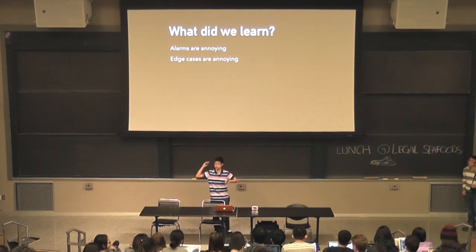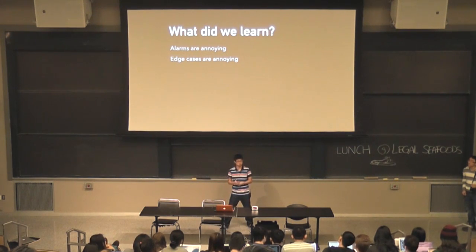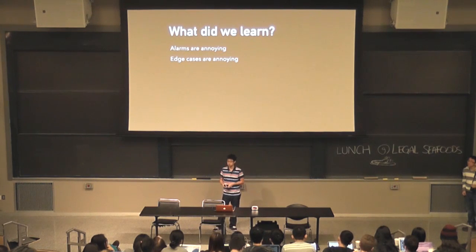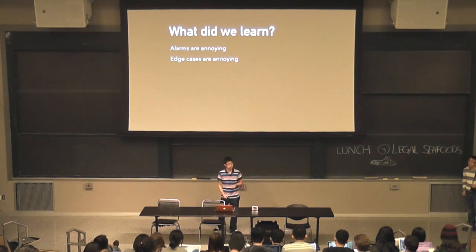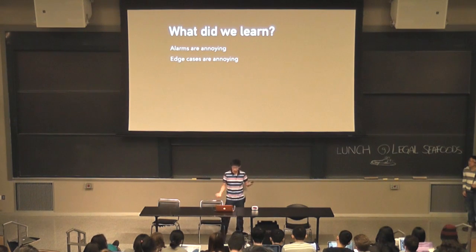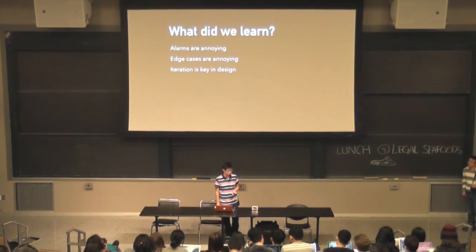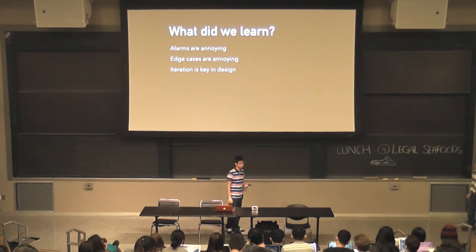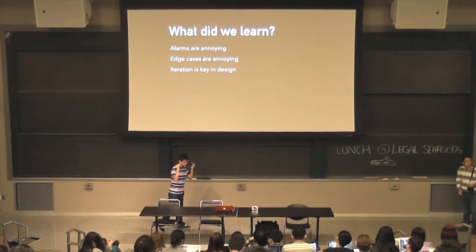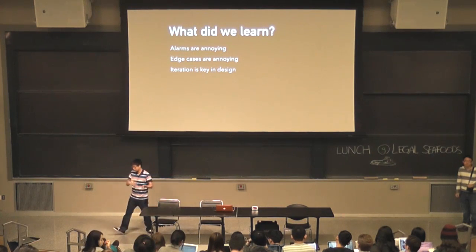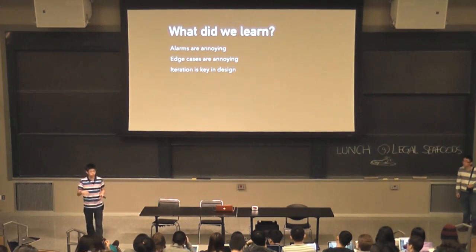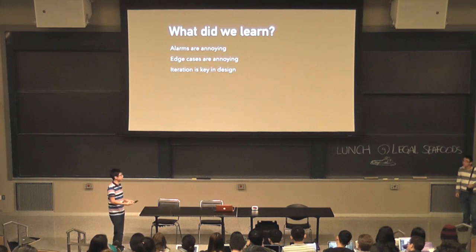What else did we learn from that exercise? Anything that we learned? So iteration. We learned to take something, make a mess, make mistakes, come back, try it again, and then get it right the second time.